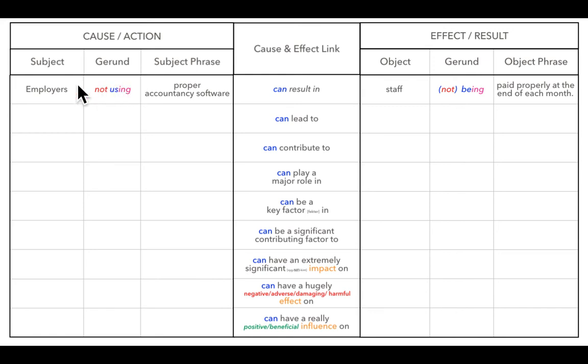Students often don't know how to make this sentence negative. It's very simple. Here in the gerund, this verb-ing structure, just put not in front of it, between that and the subject, or just in front of the gerund, and Bob's your uncle, you're good to go. So employers not using proper accountancy software can result in staff not being paid properly at the end of each month.